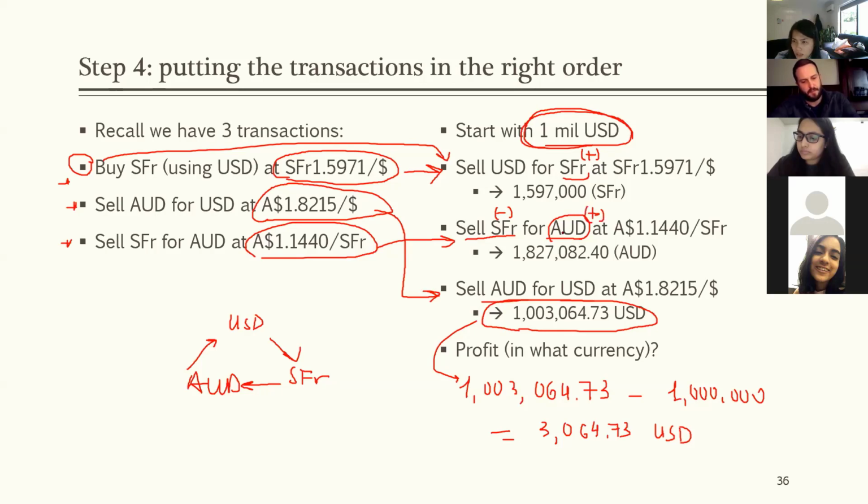Then you acquire the AUD in the second transaction. You once again offset it in the last transaction. Also, with your last step here, you acquire the USD, which you can use to offset whatever you invested at the start, okay? So it does not require any initial investment.